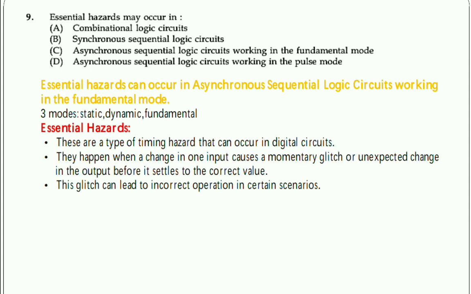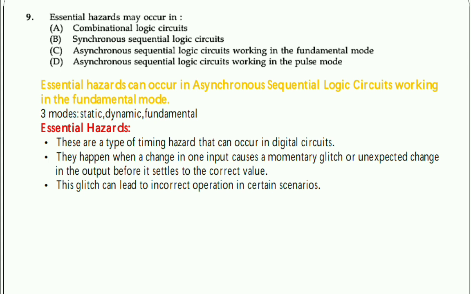Next. Essential hazards may occur in which type of logical circuits? Combinational logical circuits, synchronous sequential logical circuits, asynchronous sequential logical circuits working in the fundamental mode, and asynchronous sequential logic circuits working in the pulse mode. Essential hazards can occur in asynchronous sequential logical circuits working in the fundamental mode.